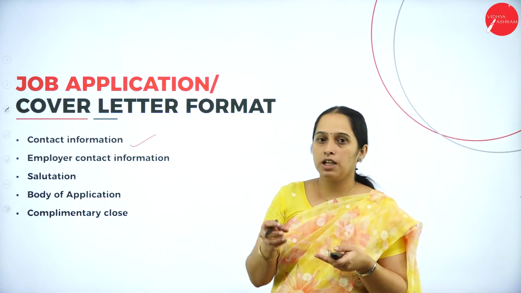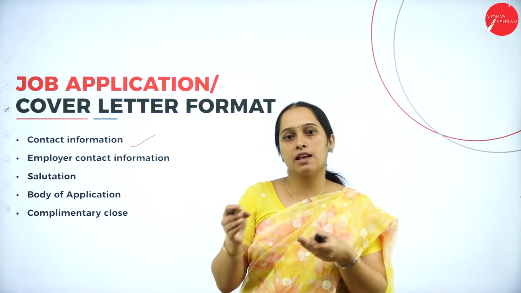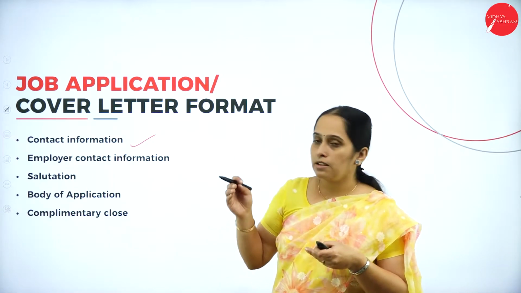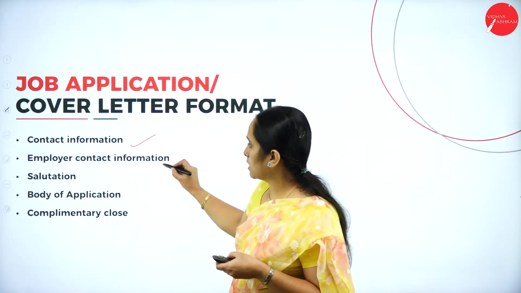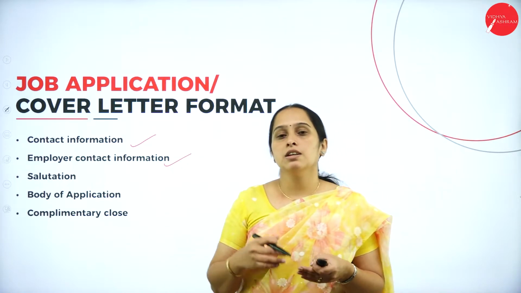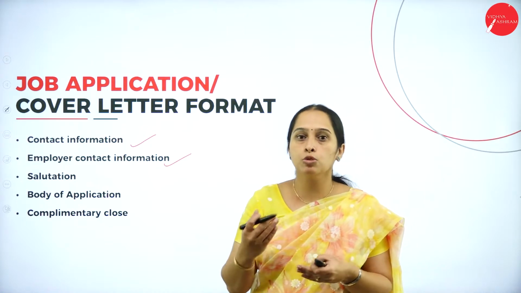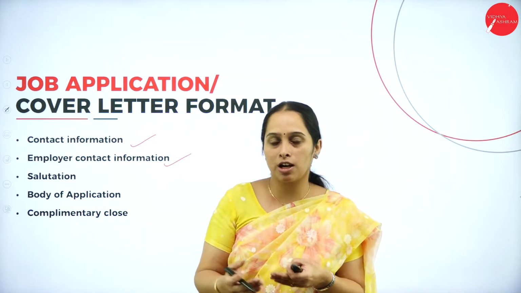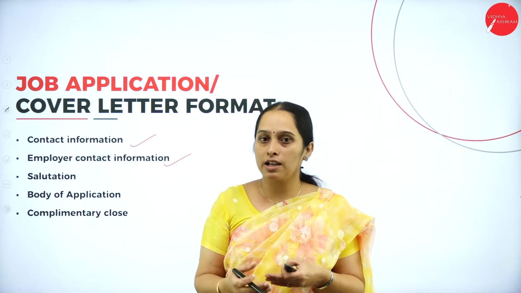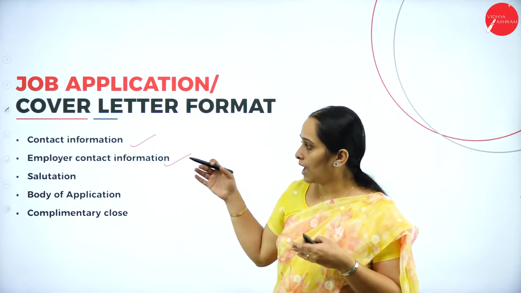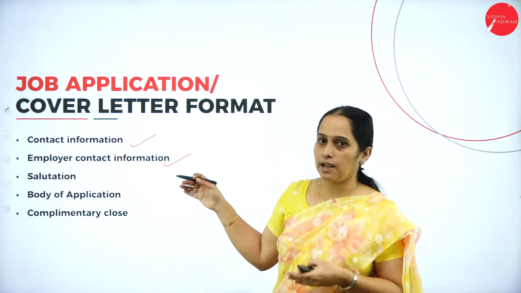Then after that you have to write the place and date. Then employer contact information. That is to address. So to which organization, to whom you are writing, to which manager you are writing, that address you have to write there.